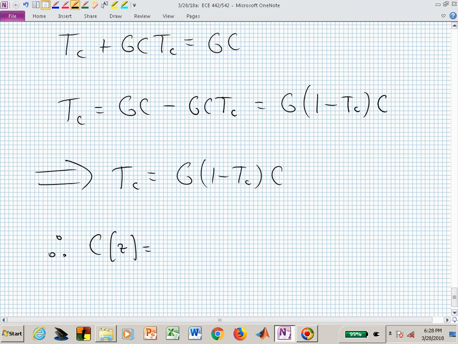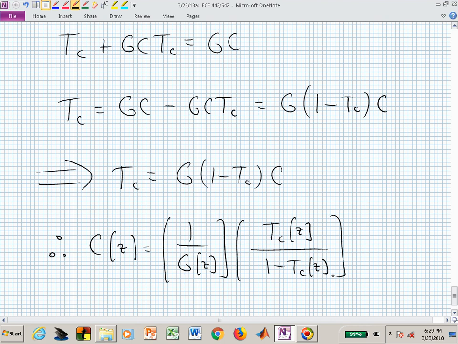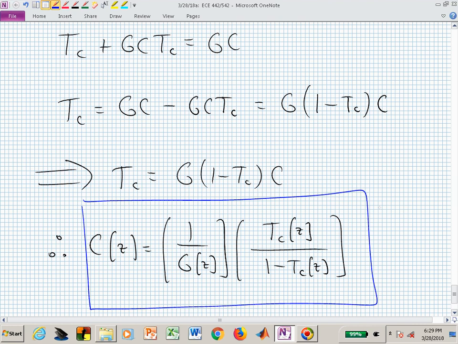Therefore, capital C of Z is 1 over G of Z. I just divided both sides by G, and I'm dividing both sides by 1 minus T sub C, to have T sub C of Z over 1 minus T sub C of Z, and this is my direct controller design formula.